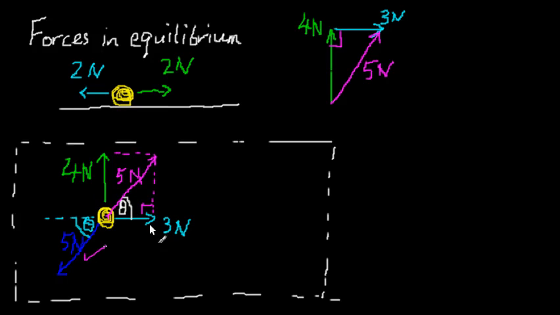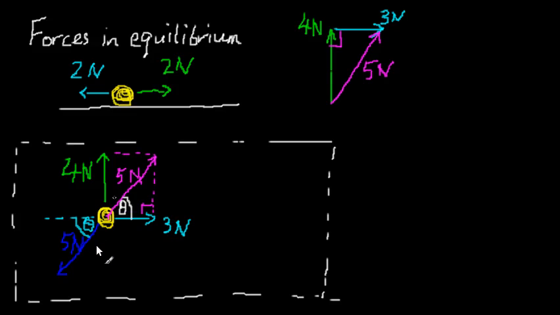In the first method that I described, after you have found the resultant of the 4 and 3 newtons, this 5 newton force, all you need is to take its opposite direction and describe the opposite force. And that gives you the answer.